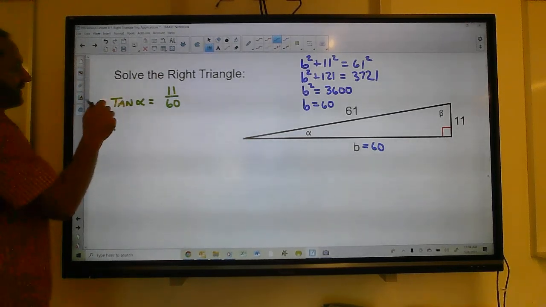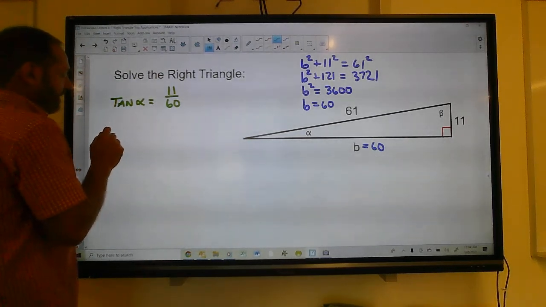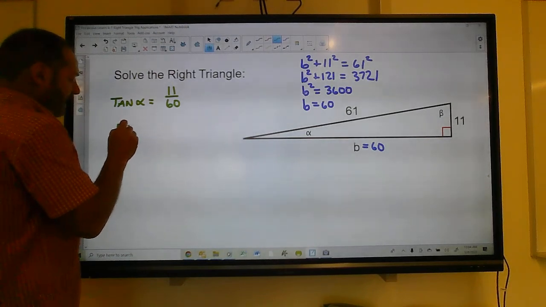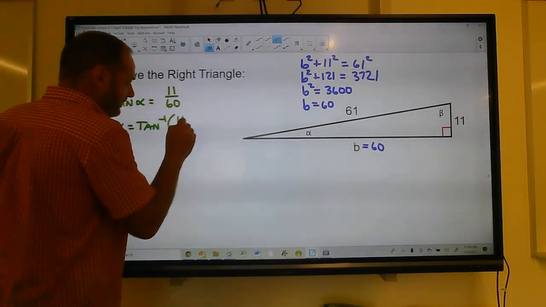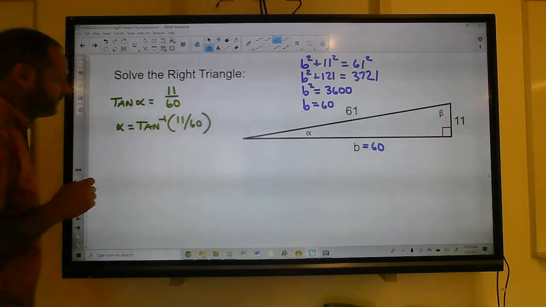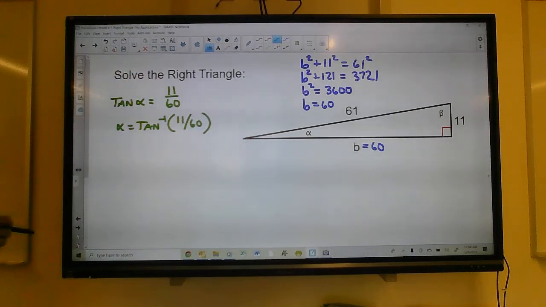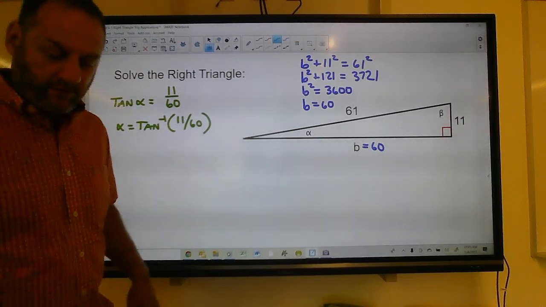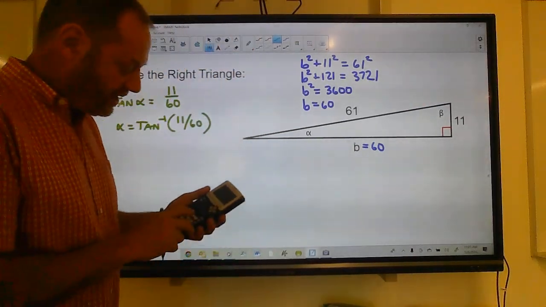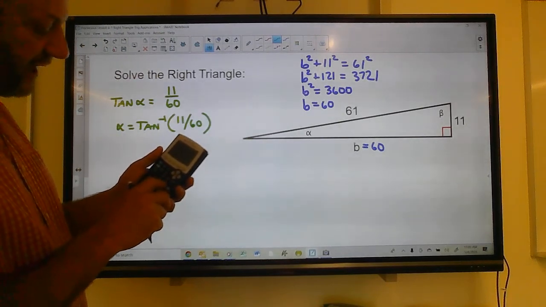Okay, now I need to undo this tangent here, so I'm going to use the arctangent. So alpha is the arctangent of 11 over 60. By arctangent both sides, the arctangent cancels out this tangent.